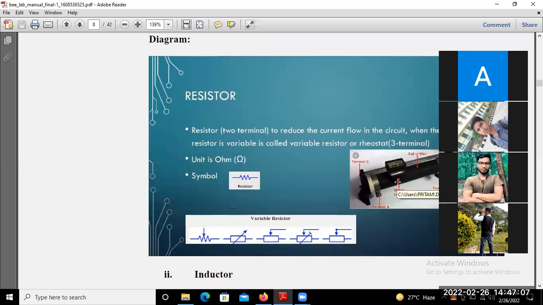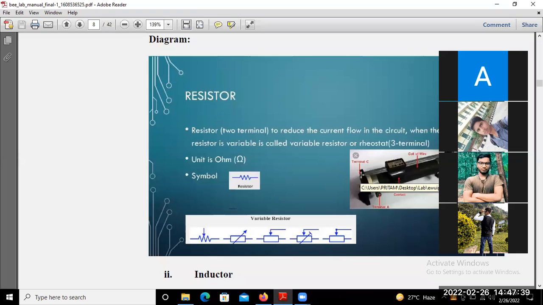One point is your input, connected at this point, and this is your total resistance value from A to B. And this one is your slide wire.